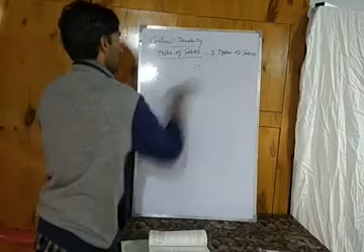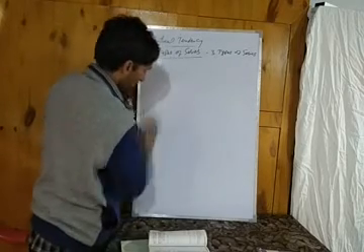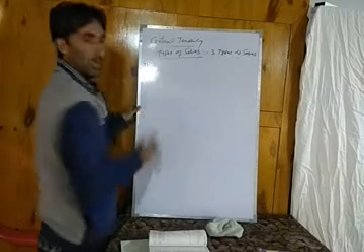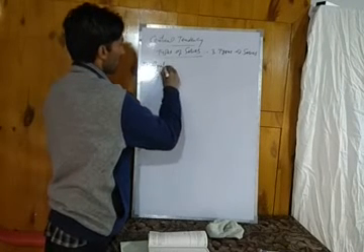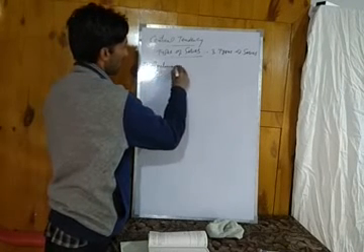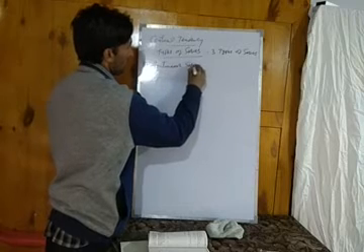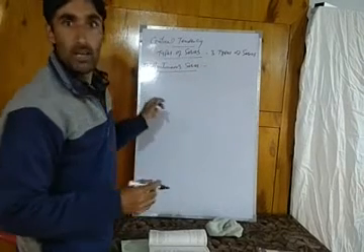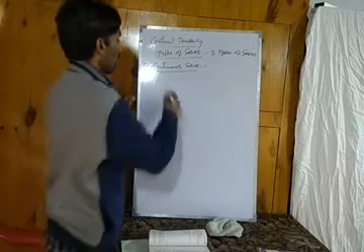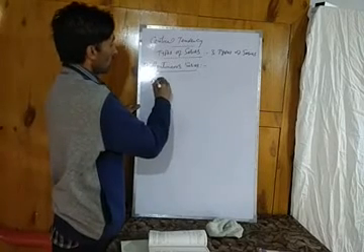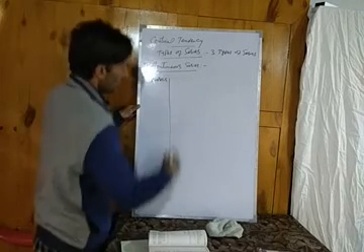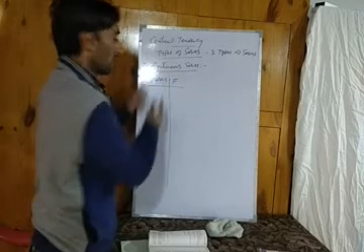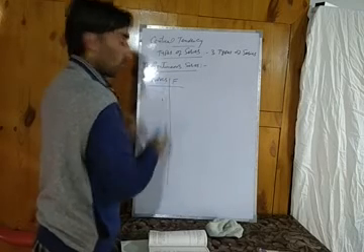Next, the third one is our continuous series. In continuous series, we have values in groups. For example, we have marks and we have frequency. Here the values of the variable are shown in groups.